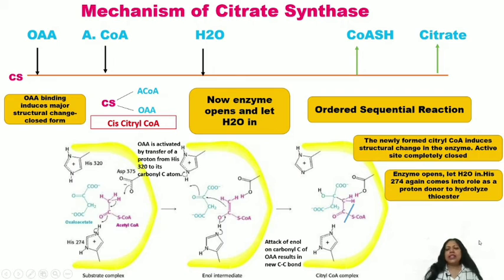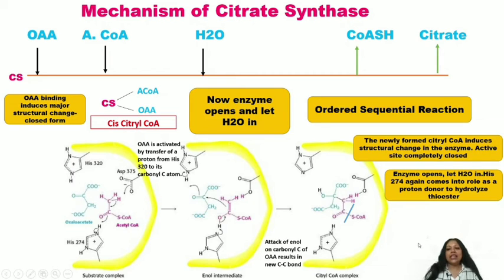So, why is it important to close the enzyme conformation when water is actually allowed to move in to undergo the hydrolysis of the thioester bond? It is because if water is allowed in previously along with oxaloacetate and acetyl coenzyme A, it can cause hydrolysis of the thioester bond of acetyl coenzyme A before the final intermediate citryl coenzyme A complex forms, or before the final product citrate is formed, correct?